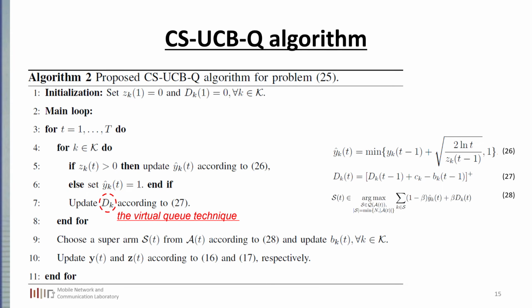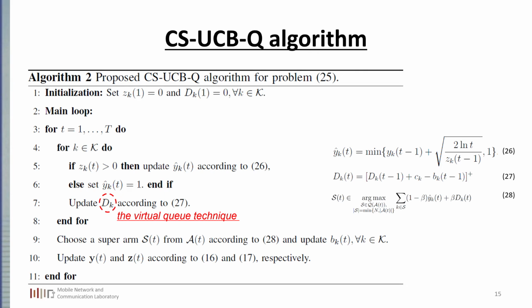So now let's look at the CS-UCBQ, an algorithm used in the non-ideal situation. It is a similar process to CS-UCB that we've seen before. But first of all, the initialization process has been reduced, and most importantly, to deal with the fairness constraint, we have a virtual queue called DK.